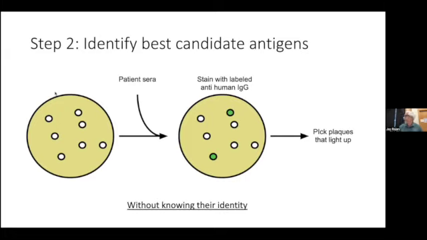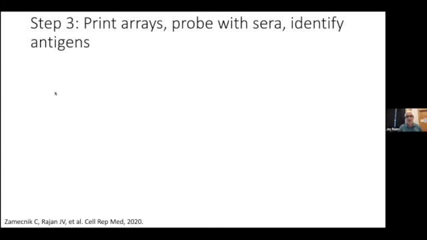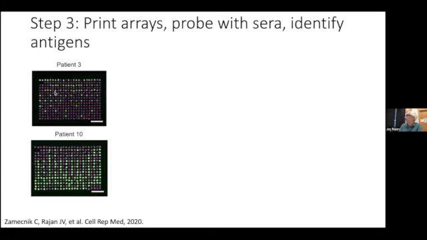So once those plaques have been selected, what we do is we print them, as I mentioned, on nitrocellulose membranes using an acoustic liquid handler. And essentially what you get is a pattern of reactivity to the different plaques, which varies from patient to patient.